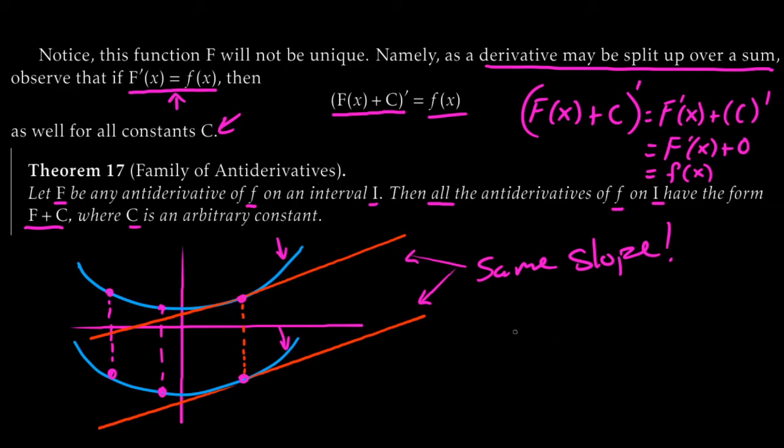So basically, take a function f, you get out a whole family of antiderivatives, and they're parameterized by the real numbers. Basically, it's like f goes to big F plus C, where C is sliding along this number line.